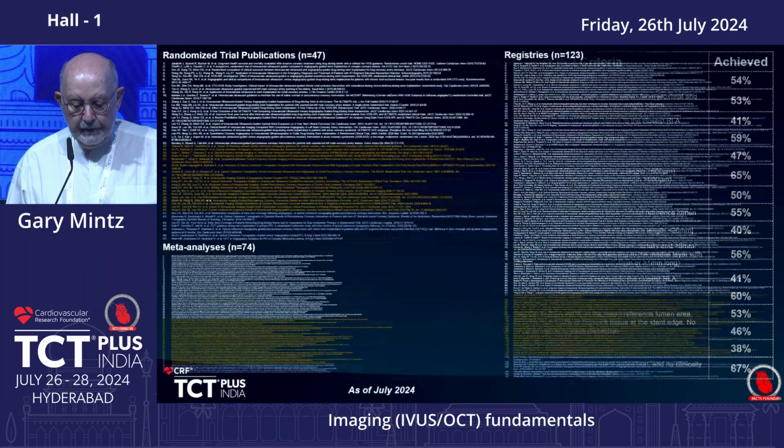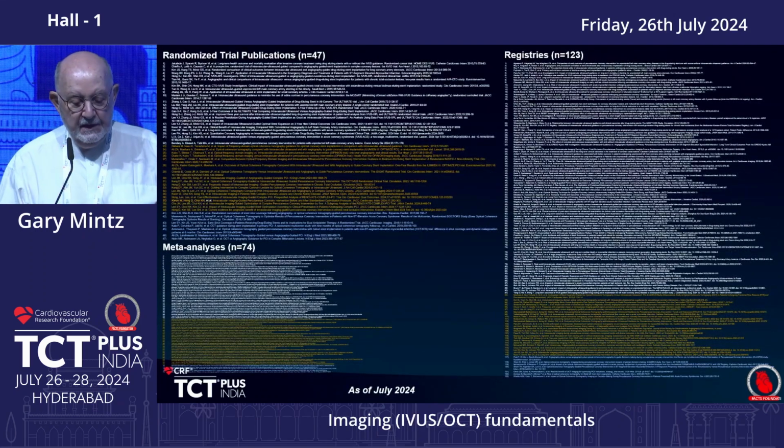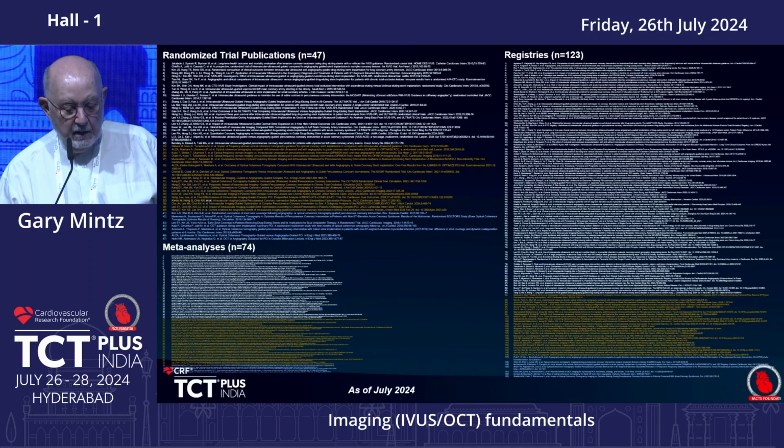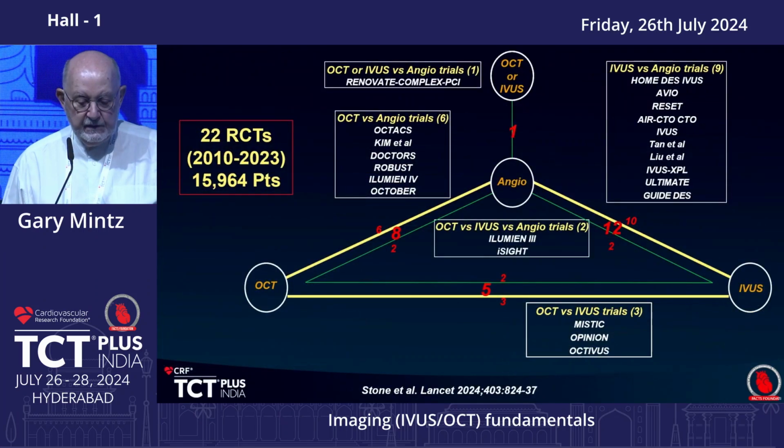But even so, if we look at the literature, this is all the literature on imaging guidance implantation of drug-eluting stents. IVUS in white, OCT in blue, and IVUS and OCT in yellow. I'm only going to share with you two of these meta-analyses. This is by Greg Stone, published in The Lancet.